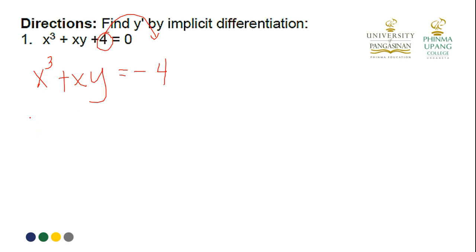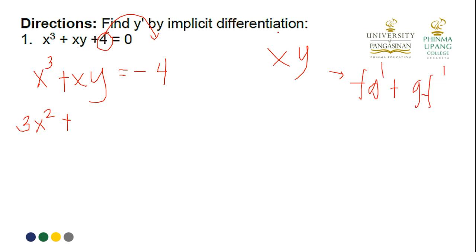Yung derivative ng x cube, magiging 3x squared plus yung xy naman, dyan natin papapasukin si fg prime plus gf prime. F is the first times the derivative of the second plus the second times the derivative of the first. Yung ginamit natin nung face to face, di ba? Ano yun? Fg prime plus gf prime. Yung first is f and then yung g is the second.